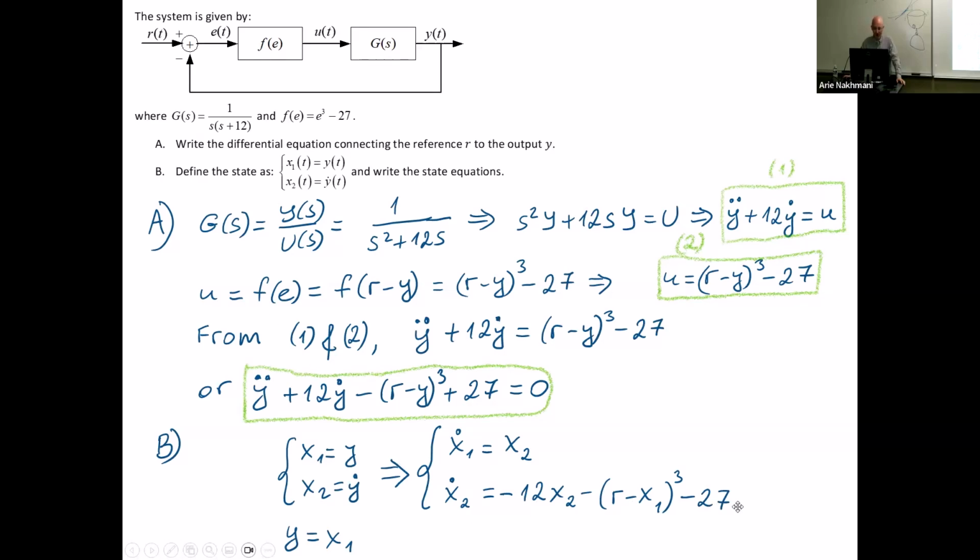And I'm just copying it here, okay? But pay attention that y is defined as x1, so I can replace x1 here, and y dot I can replace with x2. So I'm writing everything as a function of x1 and x2 and r, which is my input. My y by definition will be x1.